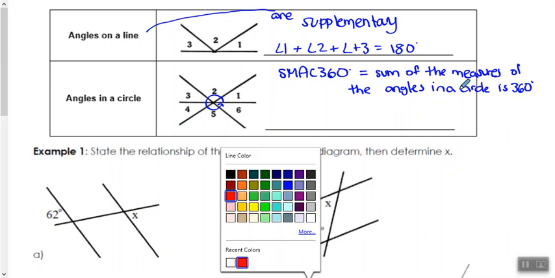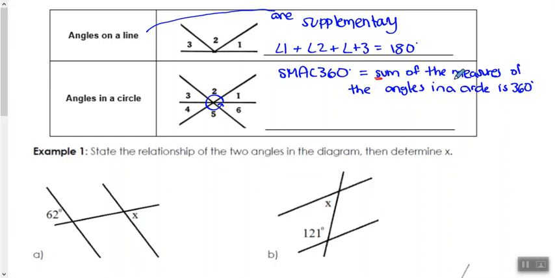It's just a quick way of saying that. So angle 1 plus angle 2 plus 3, 4, 5 plus angle 6 is going to give me 360 degrees. If I'm trying to find, for example, angle 3, and I know my other angles, all I need to do is 360 minus all the other ones that I know to find that angle.